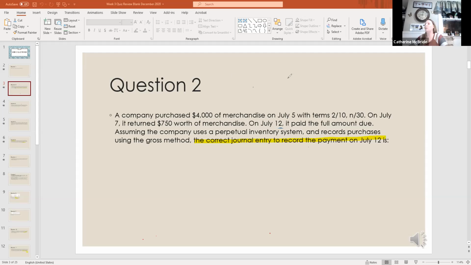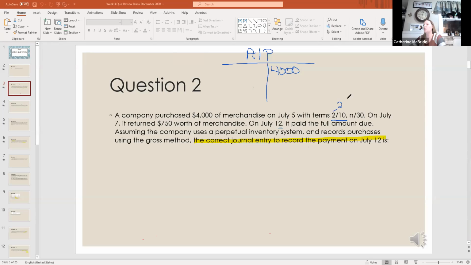Okay, so I'm going to go ahead and start a T account. I know that we're dealing with accounts payable. Okay, so a company purchased $4,000 of merchandise on July 5th, with credit terms 2/10 net 30.